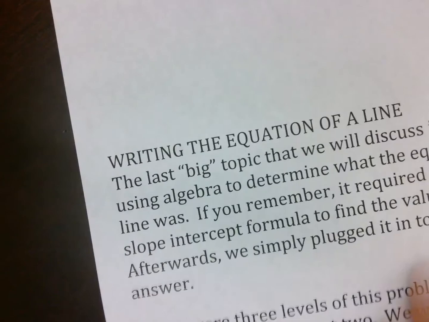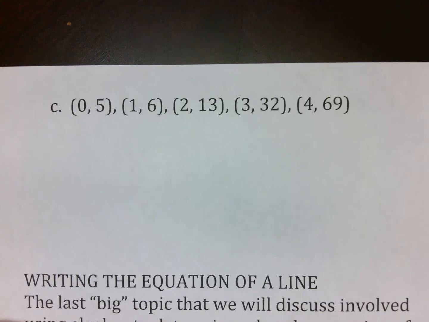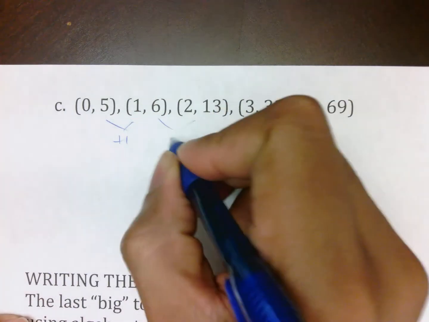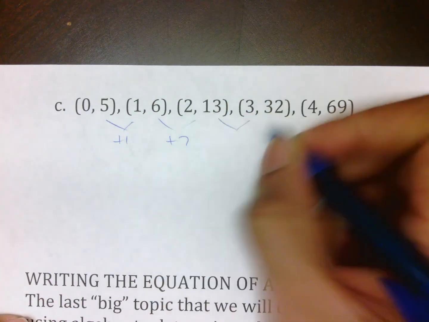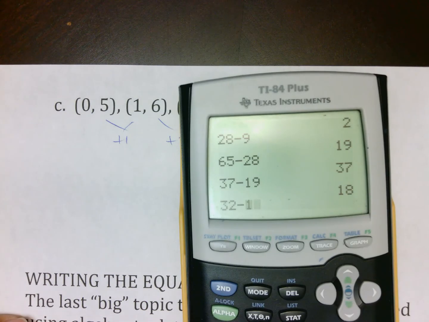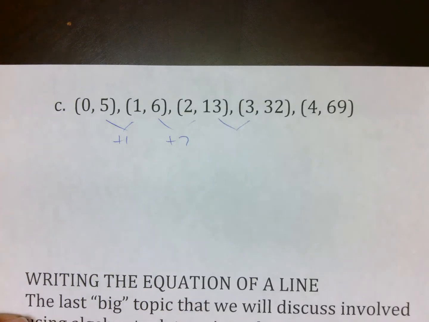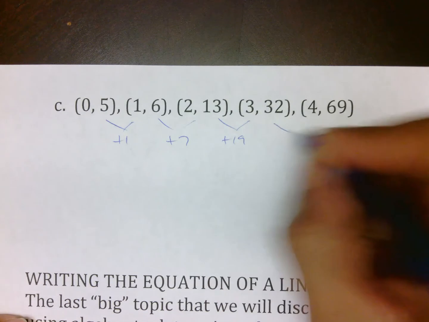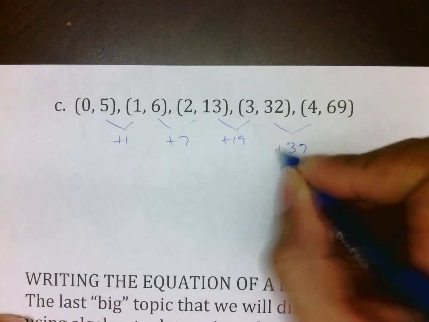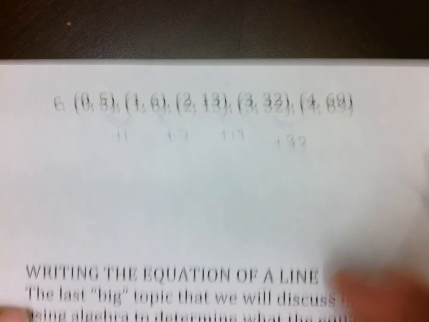And then when looking at the third question on that, from 5 to 6 is +1, from 6 to 13 is +7, from 13 to 32, again, I don't know what it is, but I can do 32 minus 13 in my calculator to get 19. And then 32 to 69, I think 37 is what it's going up by.